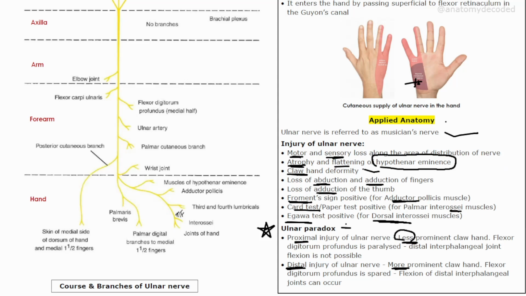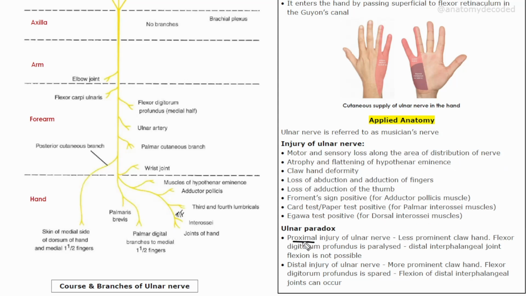Why is it happening? Because whenever there is proximal nerve injury, the flexor digitorum profundus muscle is paralyzed, and flexor digitorum profundus muscle is responsible for flexion of the distal interphalangeal joint. So flexion of distal interphalangeal joint won't be possible properly, and that's why the claw hand is less prominent. In clawing basically what happens, hyperextension at metacarpophalangeal joint and flexion at the interphalangeal joints.